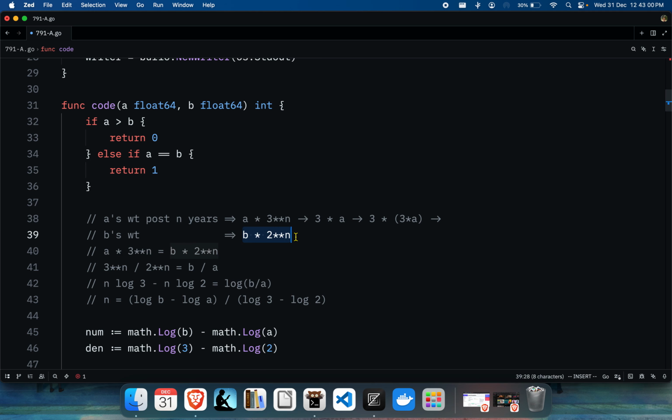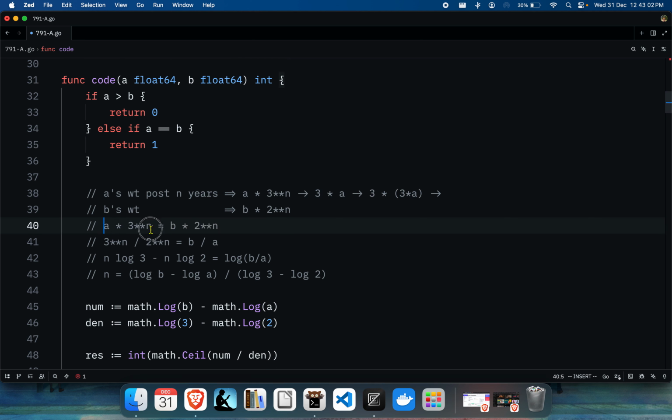Similarly for B. Now we want to find the bare minimum point where they can be equal. Ideally we want strictly greater, not equal, but I want to find the equal position where at least I can guarantee that at this position they are equal.